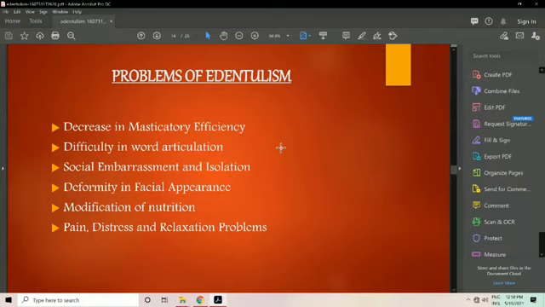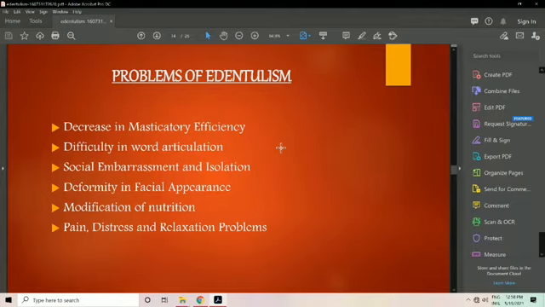Okay. Then modification of the nutrition. Suppose the posterior teeth are missing, so our patient will have problems in mastication of hard food, and naturally this will lead to nutritional problems and indigestion to the patient. Pain, distress, relaxation problems.